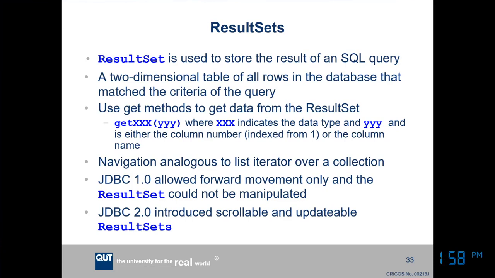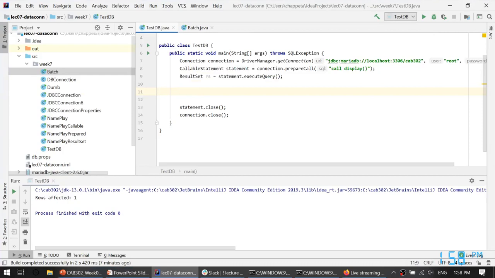So the idea with result set is that it essentially allows us to iterate over a 2D table. The idea with SQL is that a single query will, at the end of the day, result in some kind of 2D table, where the columns are the attributes that were selected and the rows are the rows that were retrieved.